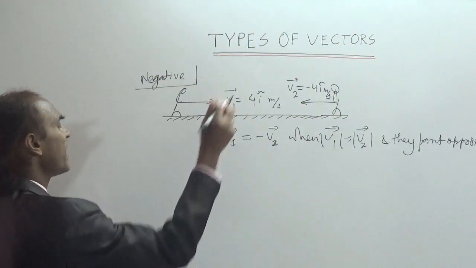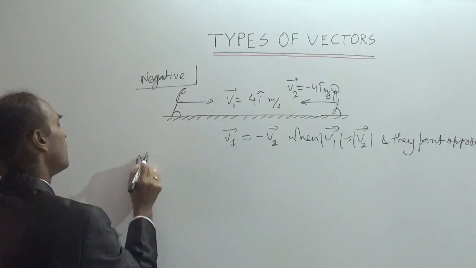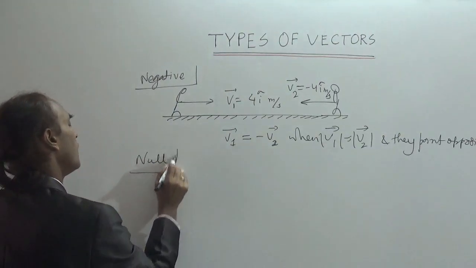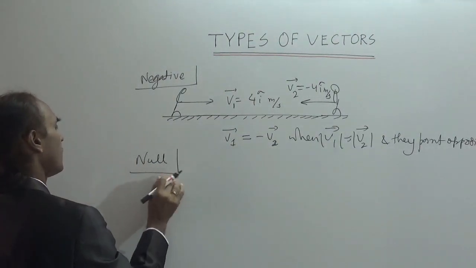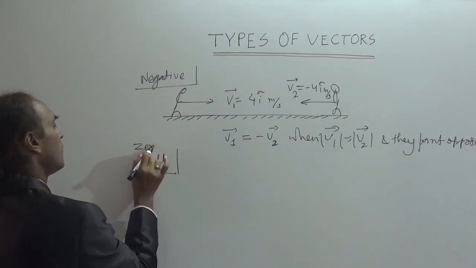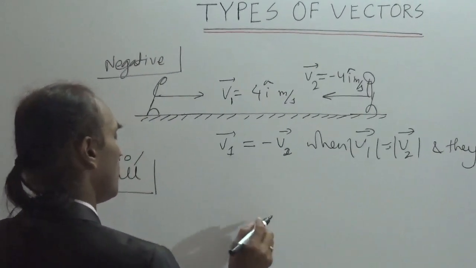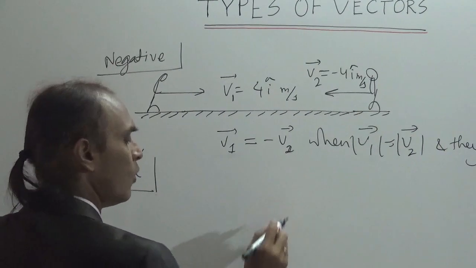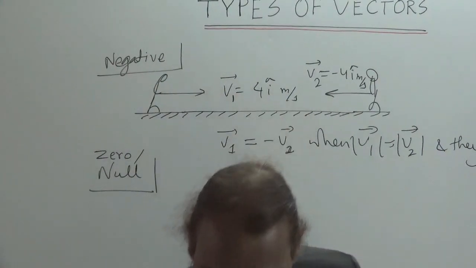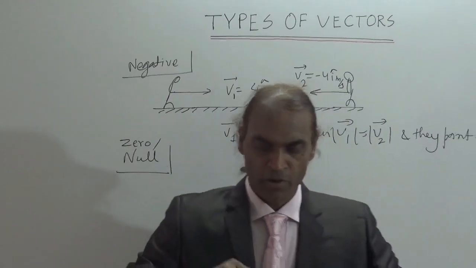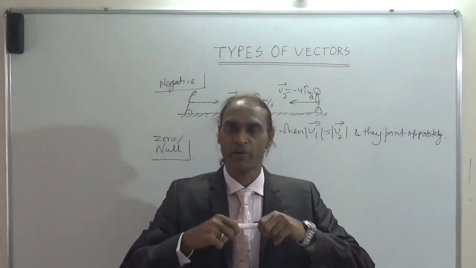By using the concept of negative vector, let us take another type of vector called null or zero vector. For this purpose, let us take a simple example.